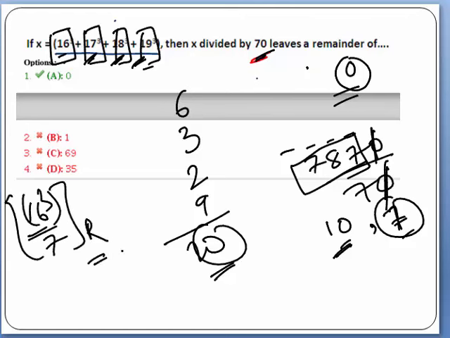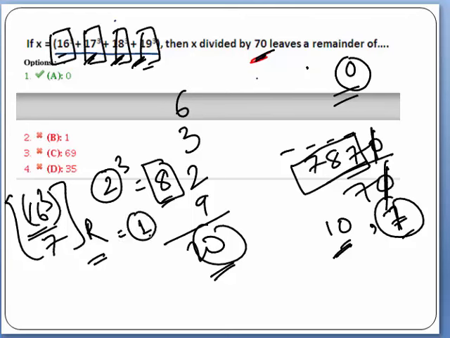I find the remainder when we divide 16 by 7, and that is 2. Since there is a cube here, I do 2 cube and get 8. If your remainder is 8 and your divisor is 7, then your ultimate remainder will be 1. So 1 is the remainder for this part.